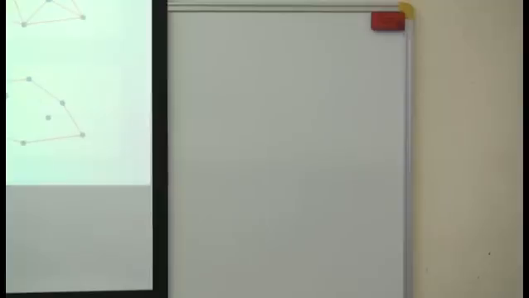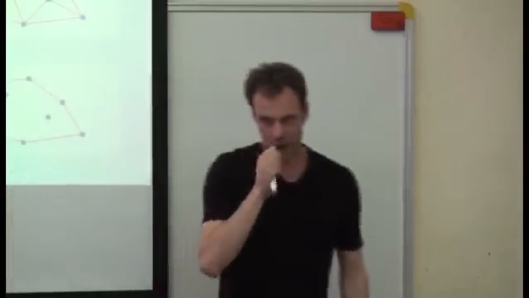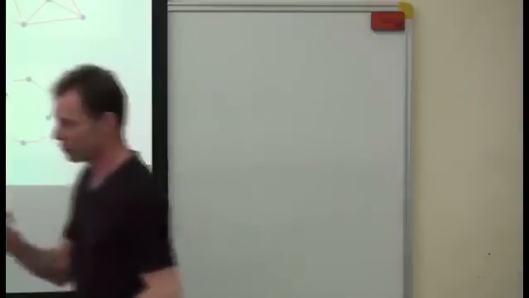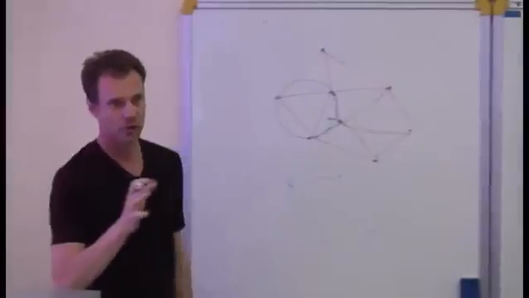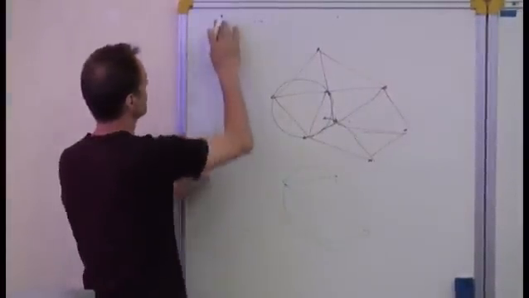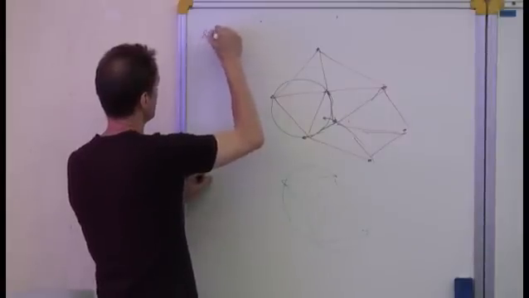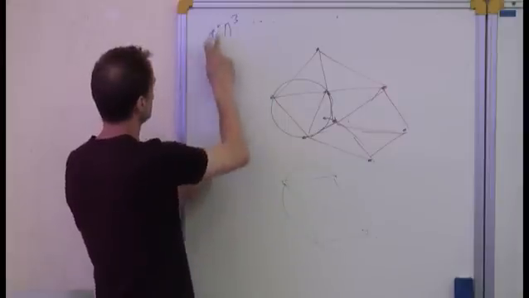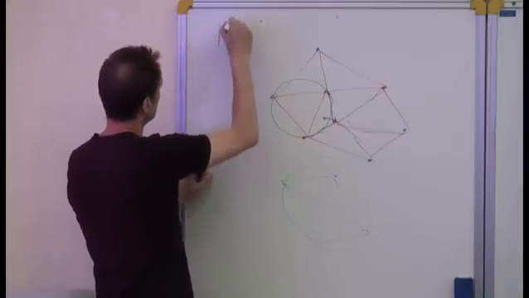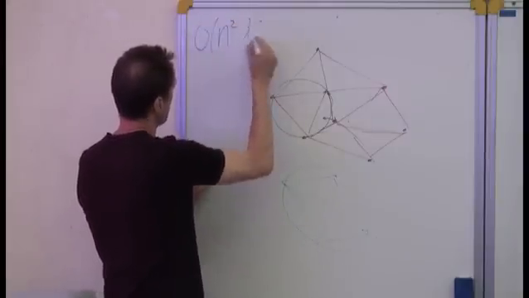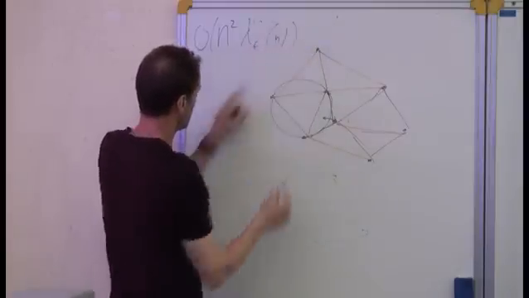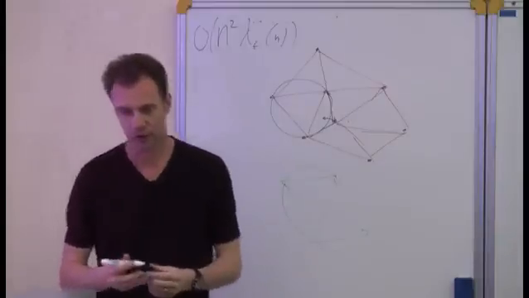You can maybe already get an idea how to do it because of the time bound. I claim that the bound is going to be, instead of n to the 4, roughly n cubed. Or actually, it's going to be n squared times lambda, something where this depends on the degree of the functions.